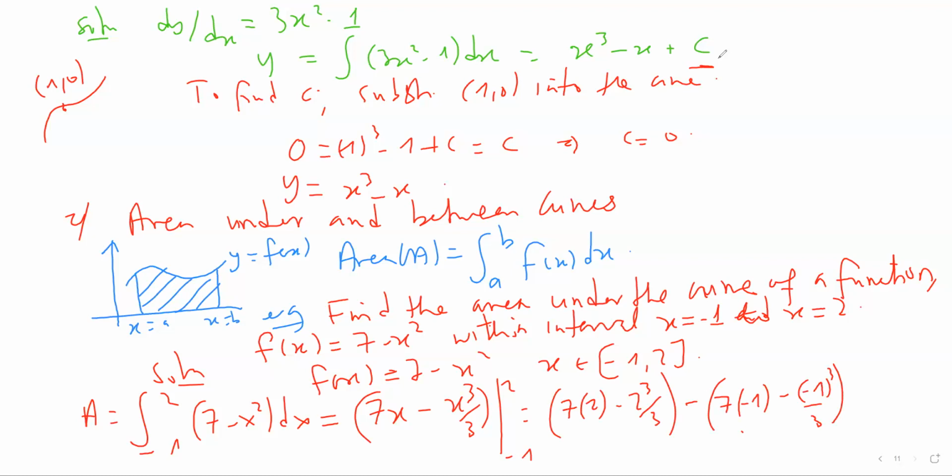Right? So this will give us 14 minus 8 over 3, minus -7 plus 1 over 3.